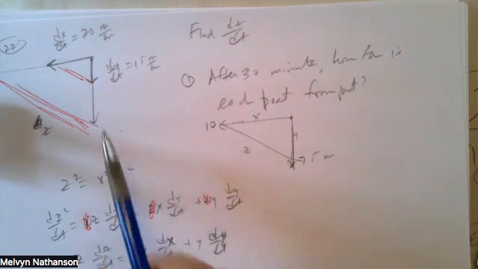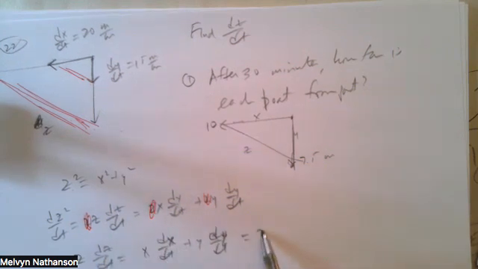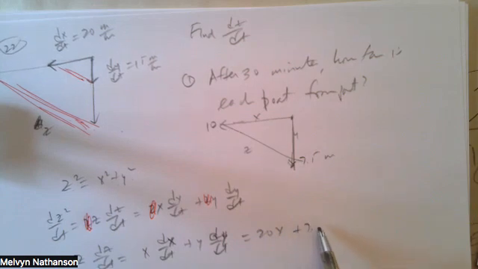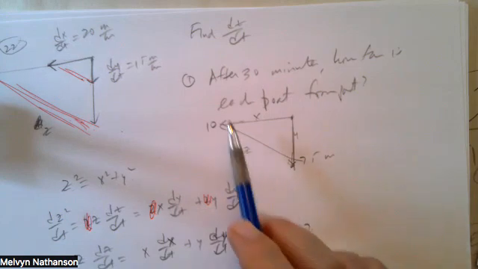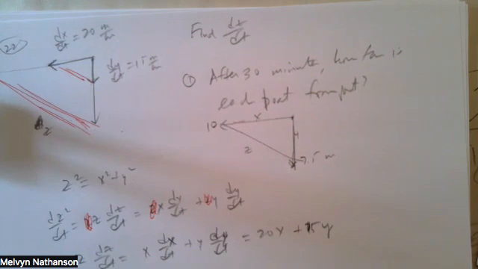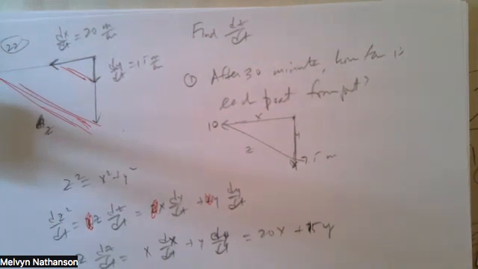But dx/dt we know is 20. So this is 20x. And dy/dt is 15, so 15y. So dz/dt is going to be (20x plus 15y) over z.